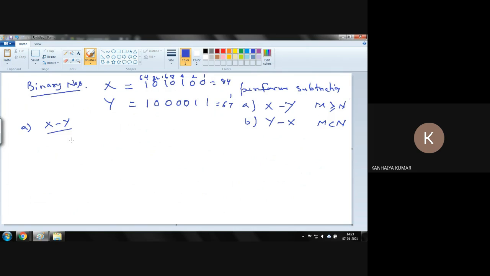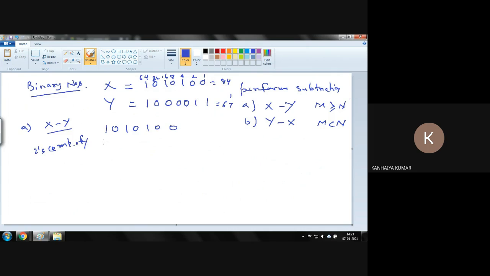Just I said for example, but you can directly say that x is greater than y. So whenever it was greater, you should have taken the 2's complement of the second number and finally add it. So you have been given x as 1 0 1 0 1 0 0, then finally you have 2's complement of y.